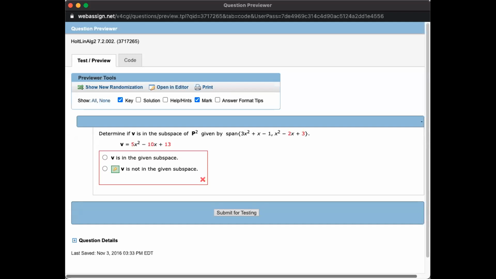So let's see, is v, which is 5x squared minus 10x plus 13, in the span of, and then I'll share this as soon as I get it written down. This is number, we said this is number 3, Becca? Number 2. Sorry.